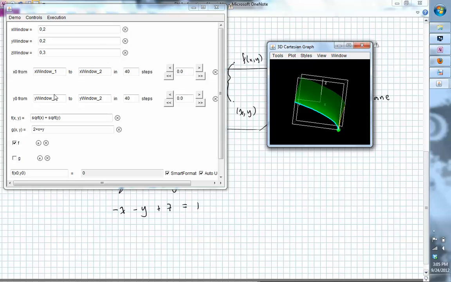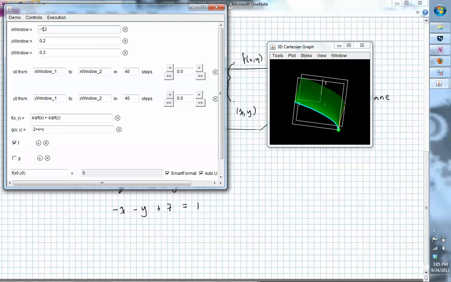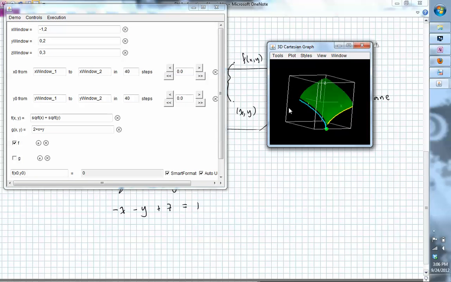But let's see. If I back this up here to -1, now the computer is again going to chop up the domain into 10,000 little points, and it's going to plug them all in, and it's going to throw up when it tries to plug in x equals -1, -1/2, -1/4, right? It's going to have trouble with that square root. So let's see what happens if I hit enter on this. Okay, it appears to actually have done it.